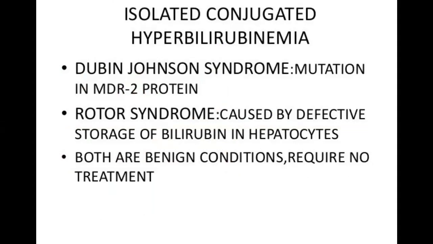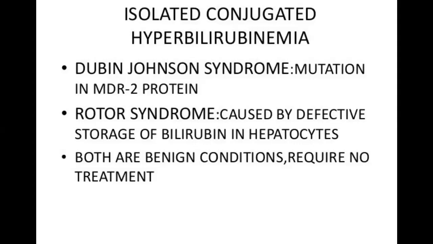Now, conditions classified as isolated conjugated hyperbilirubinemia. Always remember, conjugated is direct bilirubin. So we have Dubin-Johnson and Rotor syndrome.